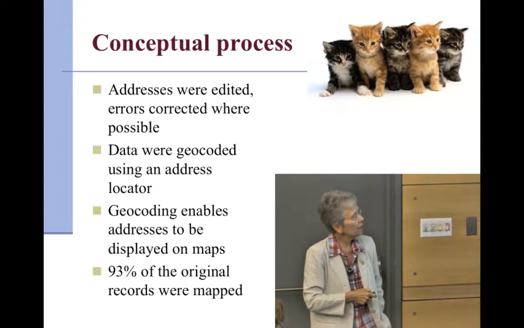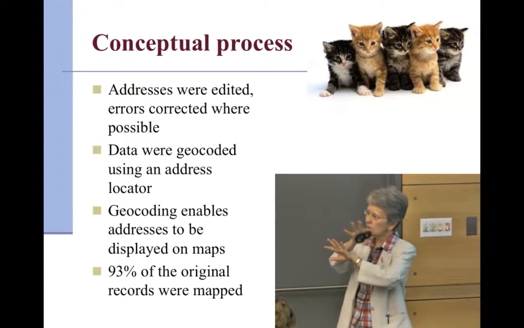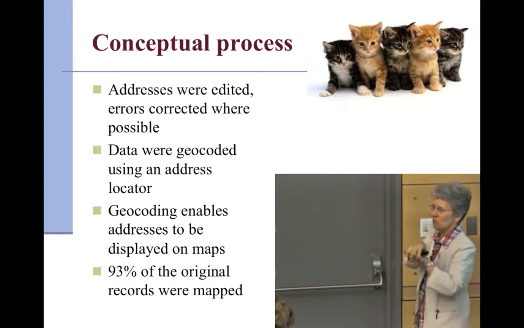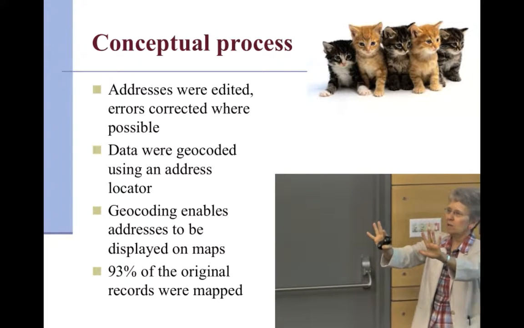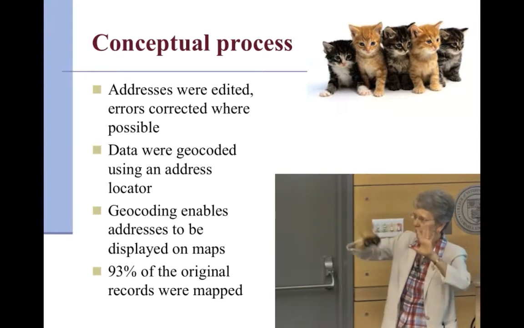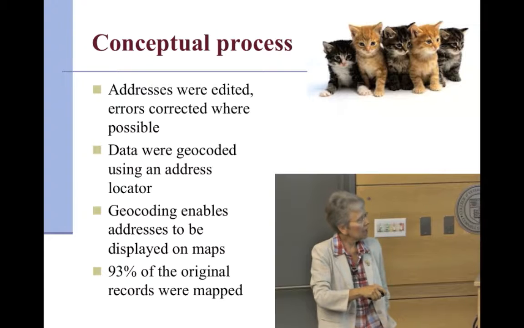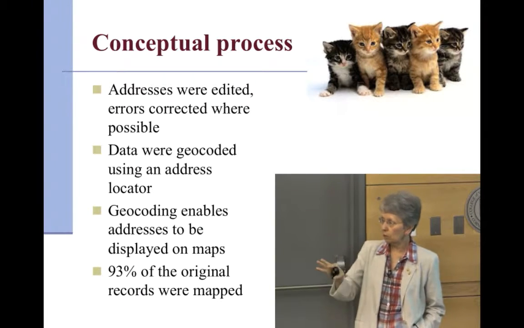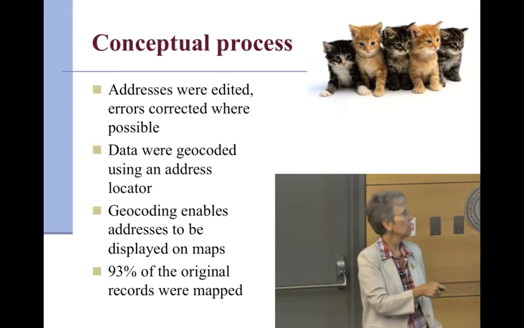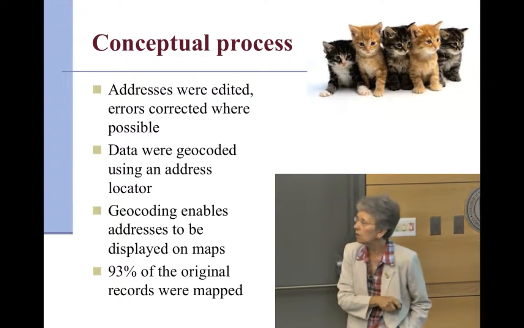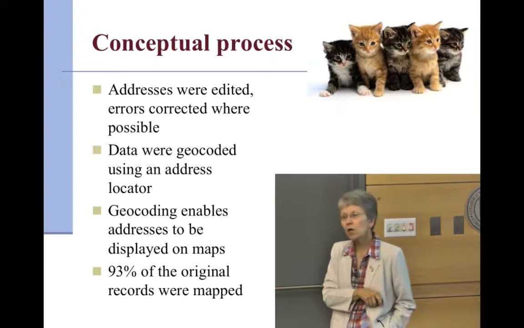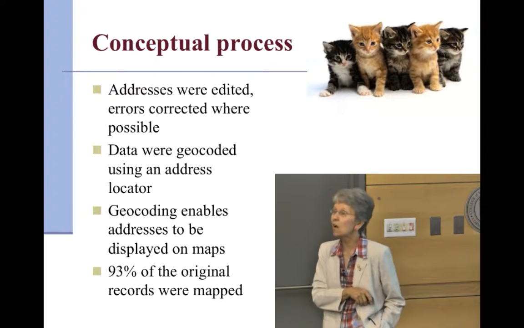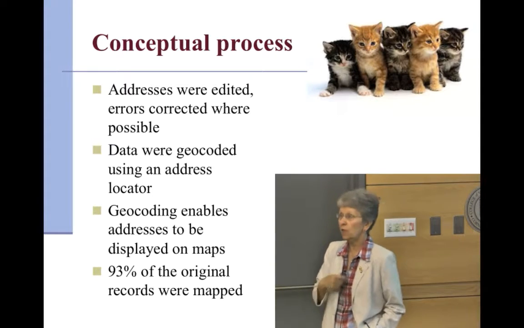And then this geocoding puts coordinates on each of your addresses so that they can be overlaid on a map and put accurately onto the map. And in our case, we had 93% of the original owner-surrendered records that had good enough data to be used.